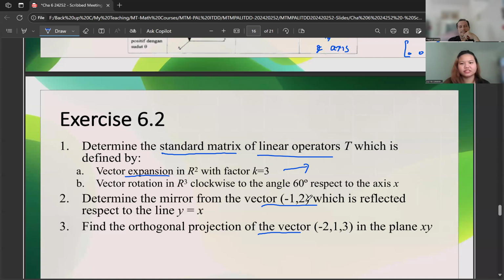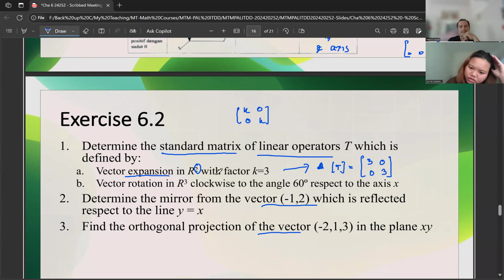What is the standard matrix? It is k, 0, 0, k in two dimensions. So the standard matrix should be 3, 0, 0, 3, because k is 3.